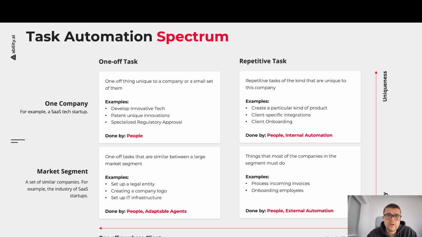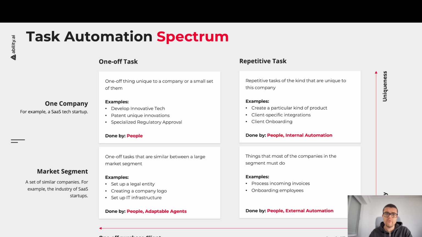And if we look at the horizontal scale, the difference between the one-off tasks and the repetitive tasks is a little bit of a different perspective, but also an interesting one. The guys on the right can be a SaaS client.